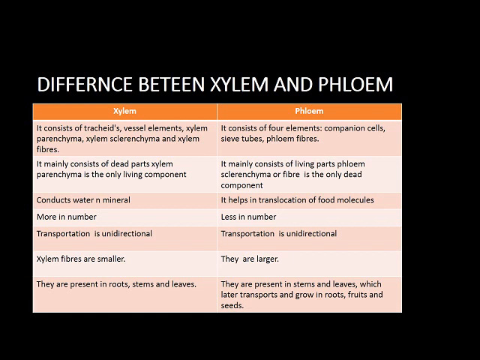Xylem contains mostly dead components. Only the xylem parenchyma is a living component. Children, always remember, wherever the word parenchyma comes, it means they are living tissue. Okay, in case of phloem, only the phloem fiber is the dead component.